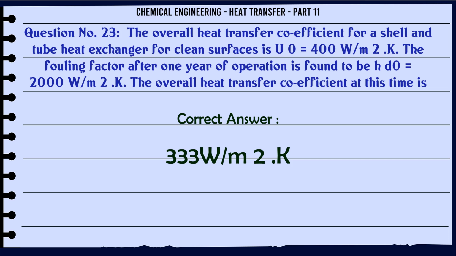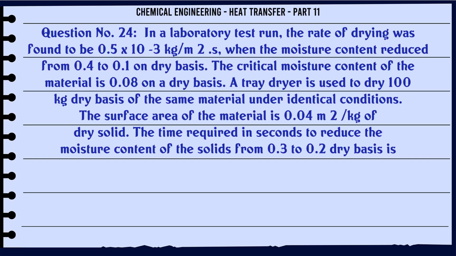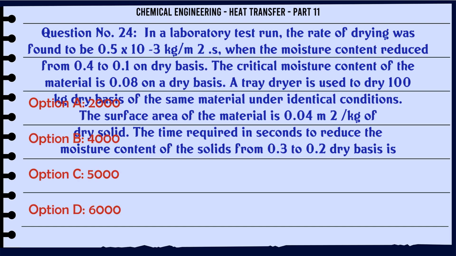333 watts/m²K. In a laboratory test run, the rate of drying was found to be 0.5 x 10^-3 kg/m²s when the moisture content reduced from 0.4 to 0.1 on dry basis. The critical moisture content of the material is 0.08 on a dry basis. A tray dryer is used to dry 100 kilograms dry basis of the same material under identical conditions.